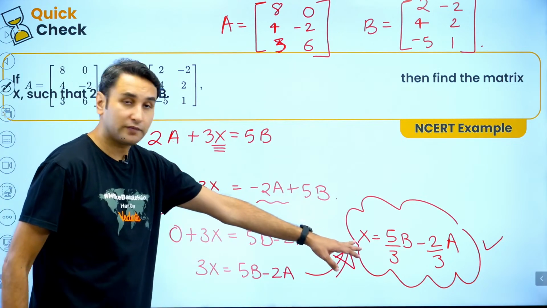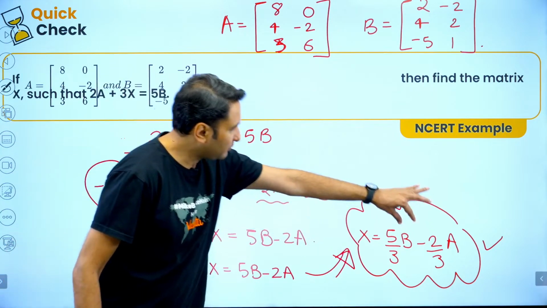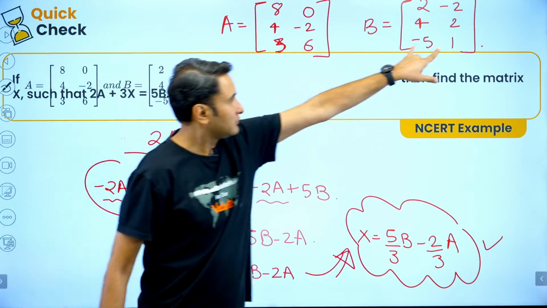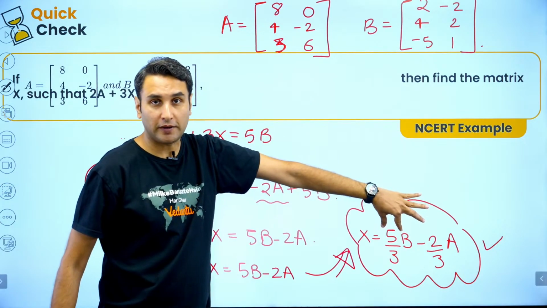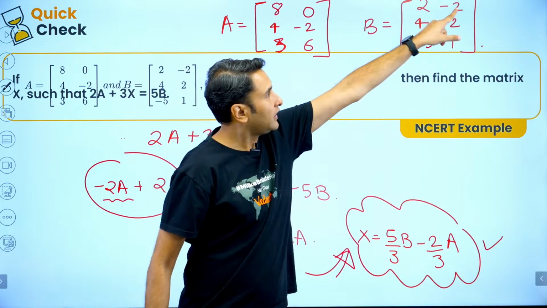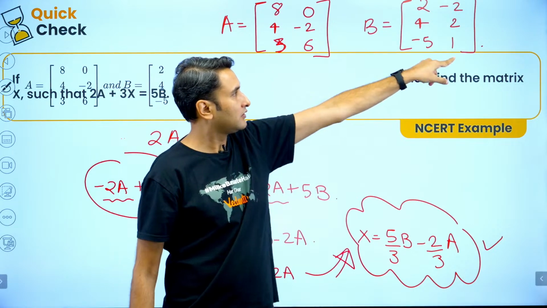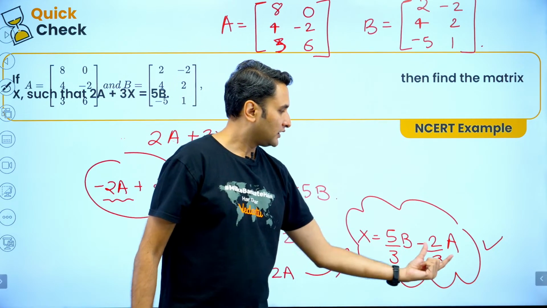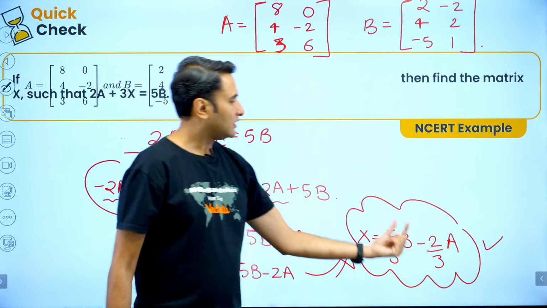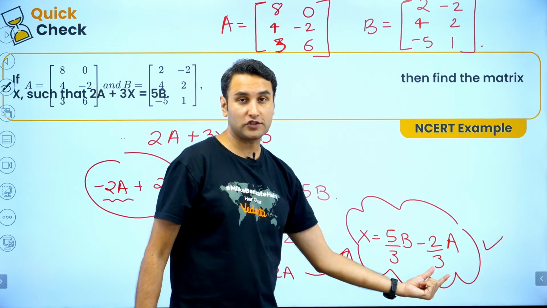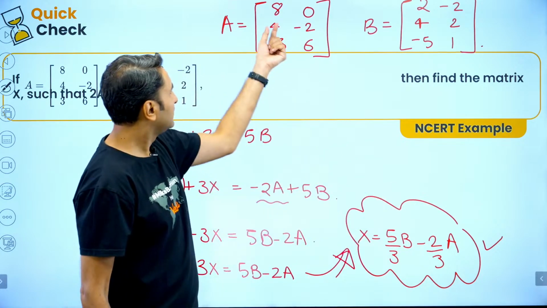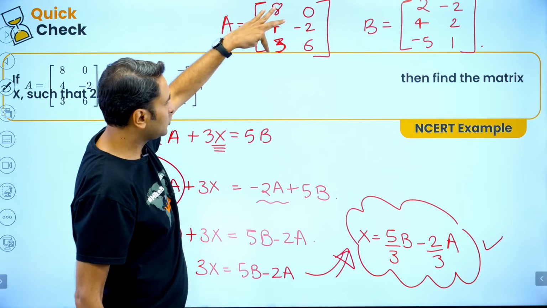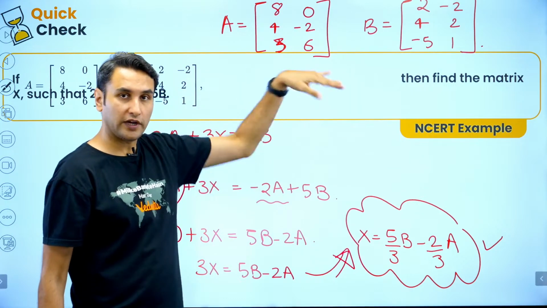Now how do you find X matrix now? Take the B, multiply that by 5 by 3. So multiply all the elements by 5 by 3. Right? You will get 5 by 3 B. Then take A matrix, multiply all by minus 2 by 3. Add the two, right?